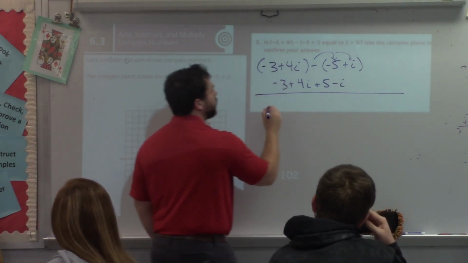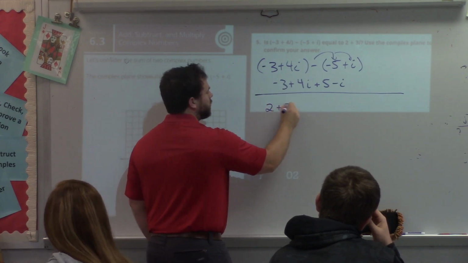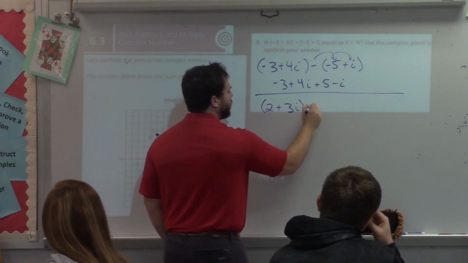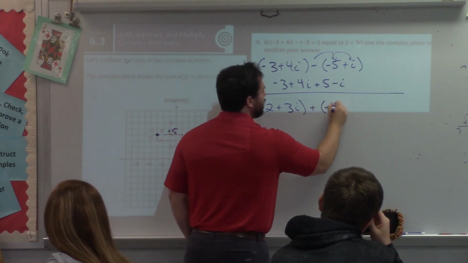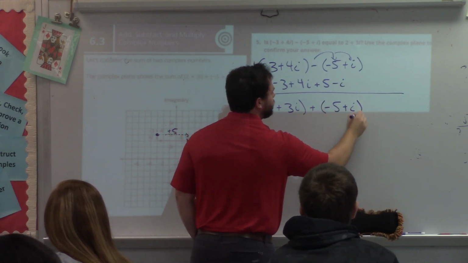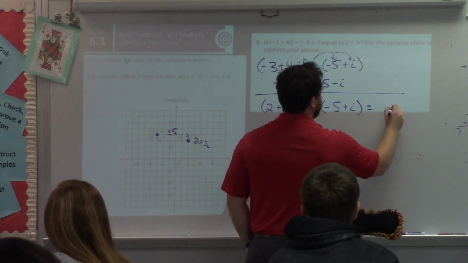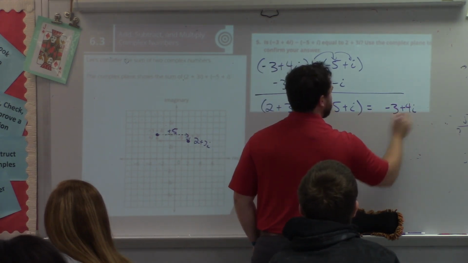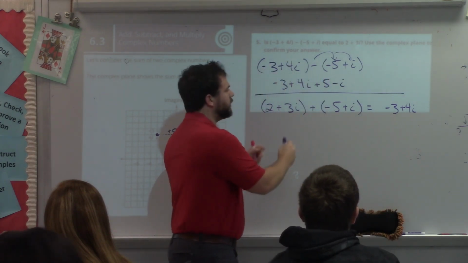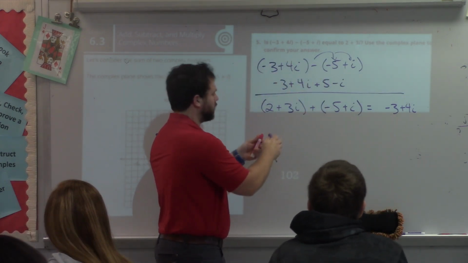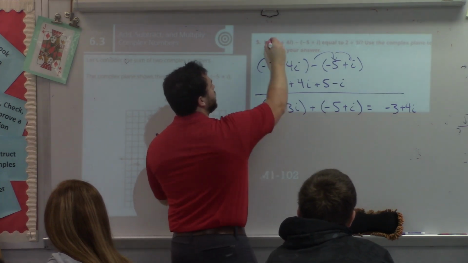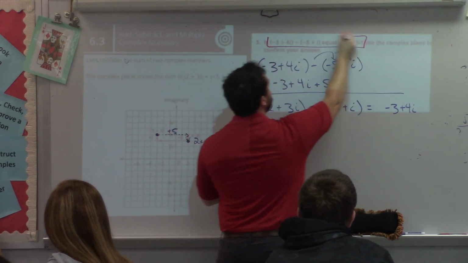Now, the other thing I want to point out is this. Earlier, we had 2 plus 3i. We added negative 5 plus i, and that equaled negative 3 plus 4i. How can I take this equation and go to this equation up here? Because that is an equation, right?